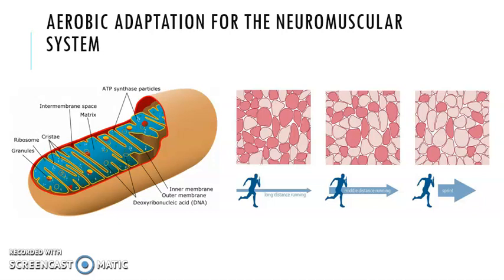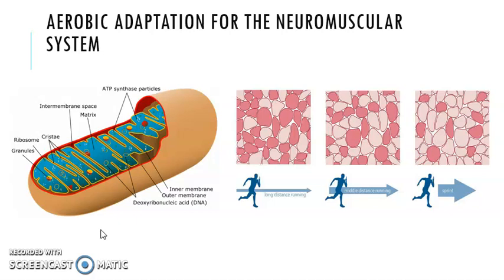Another adaptation is an increased number of mitochondria. Mitochondria is where aerobic respiration takes place. So obviously an increased number will increase energy and will make it easier for the athlete to produce energy.